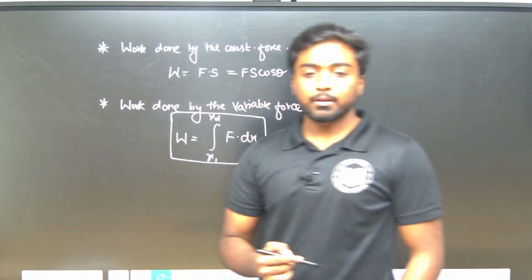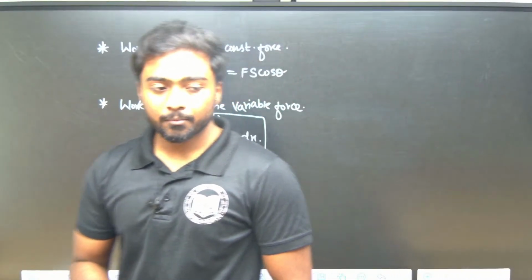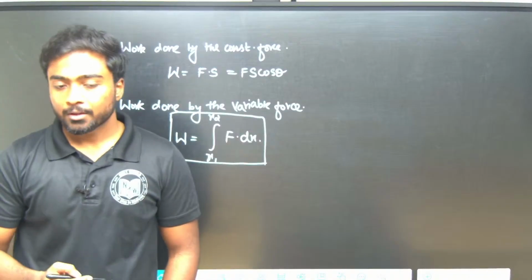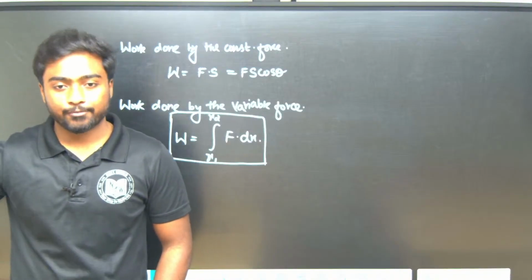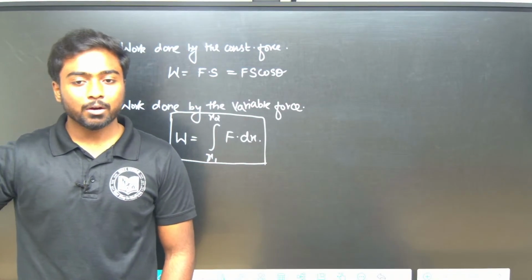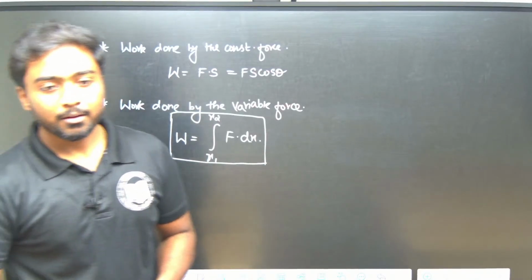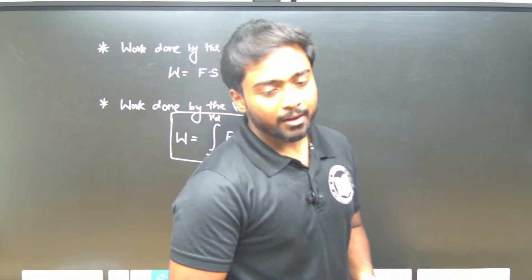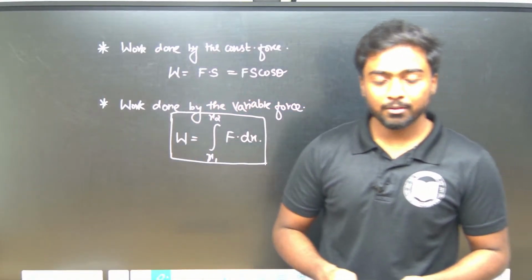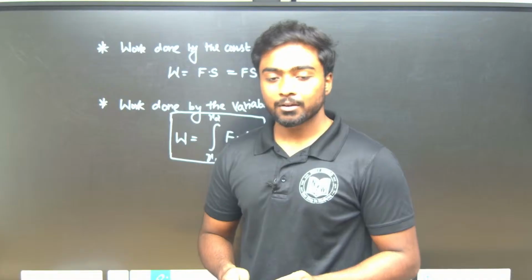And one more thing, when we discussed motion in a straight line or motion in a plane, we discussed the graphs. When we talk about the xt graph, the slope gives velocity, and the velocity-time graph gives acceleration.